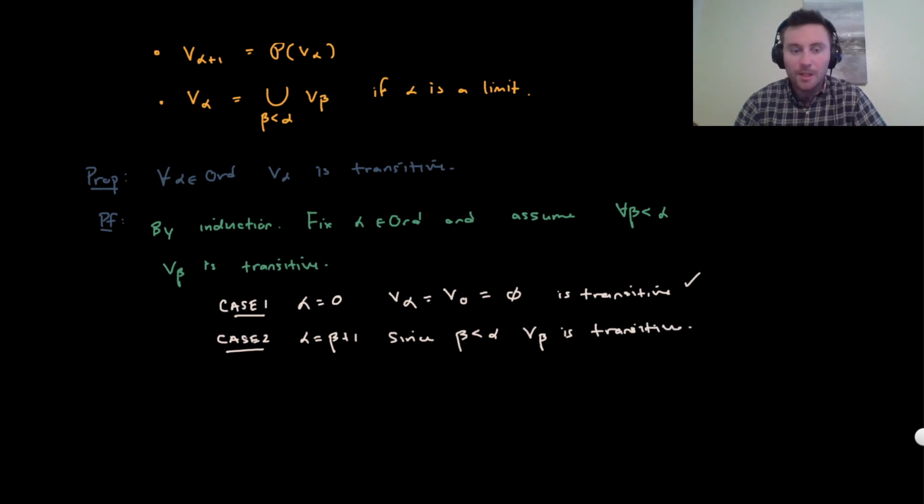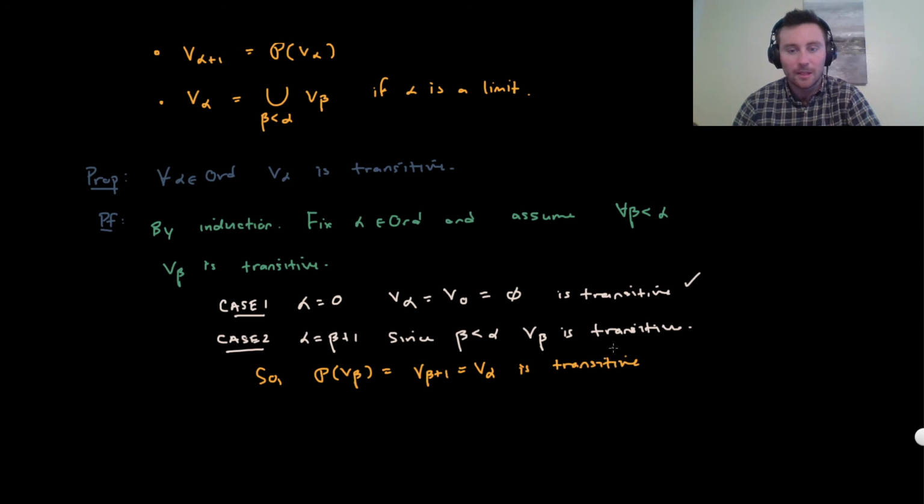One of the things that we proved when we talked about transitive sets for the first time, in a previous video, is that if you took the power set of a transitive set, you also got something that was transitive. So the power set of V beta, which is by definition V beta plus 1, which again is V alpha, is transitive. And this is by a previous video.